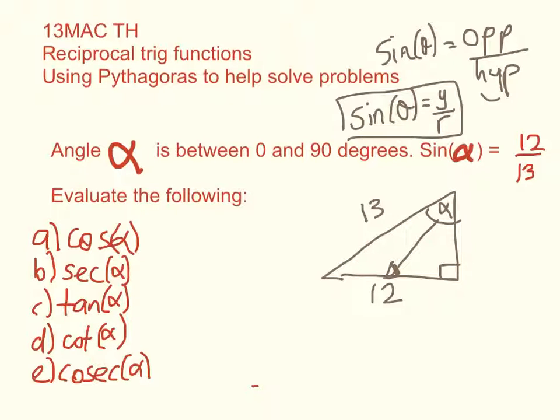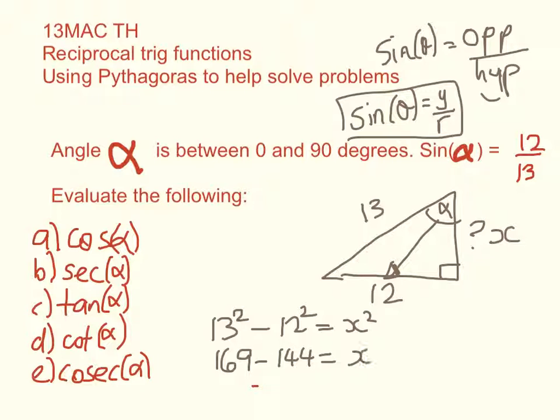Now, most of you will recognise that as a special 5, 12, 13 triangle, but suppose that you didn't. How can I find the length of that side? Well, we'll call it x, and by Pythagoras, 13 squared minus 12 squared equals x squared. 169 minus 144 is x squared, so x is equal to 5.